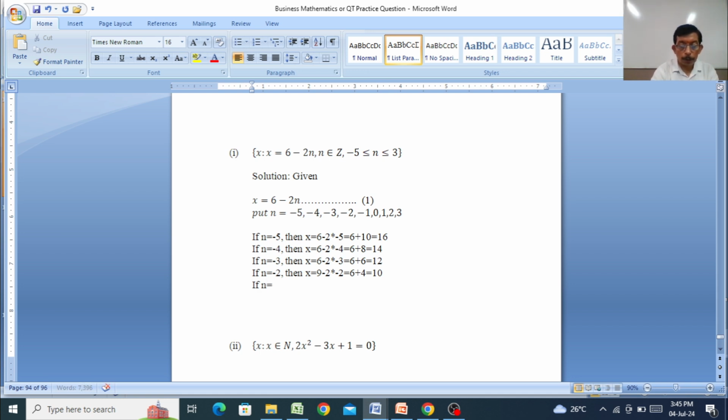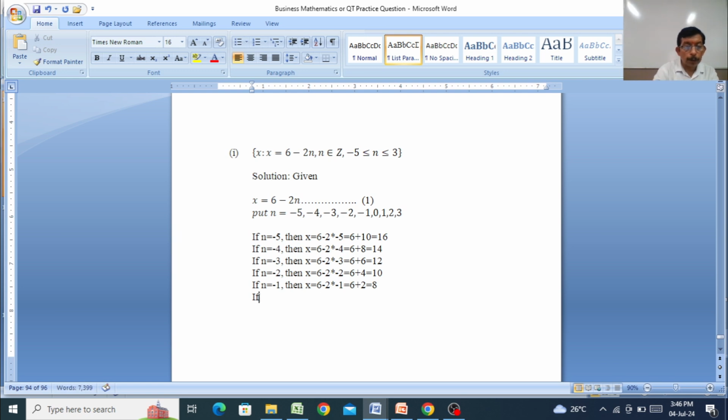If n is equal to -1, then x is equal to 6 minus 2 into -1 is equal to 6 plus 2 is equal to 8.